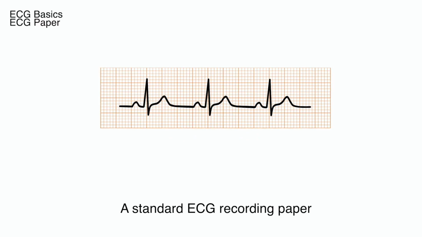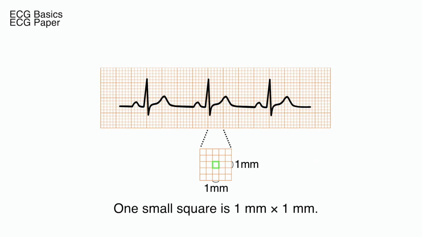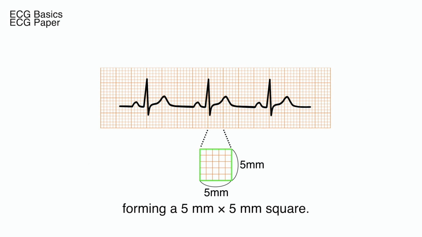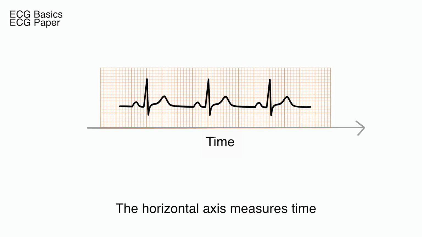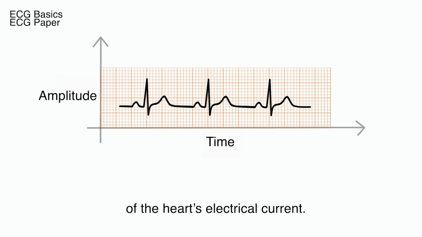A standard ECG recording paper is a graph paper marked with a grid of large and small squares. One small square is 1 mm times 1 mm. For every 5 small squares, you can find a heavier line forming a 5 mm times 5 mm square. The horizontal axis measures time while the vertical axis measures the amplitude of the heart's electrical current.